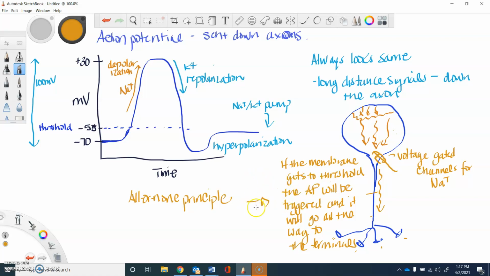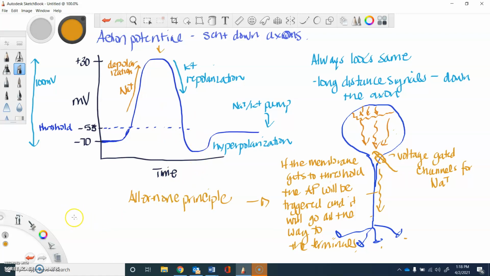So again, action potentials only occur on the axons. Okay. They all look alike. So we know that a graded potential, the strength of it, is based on the amplitude of its tracing. But in an action potential, the tracing is always the same. So how do we know the strength of the stimulus?